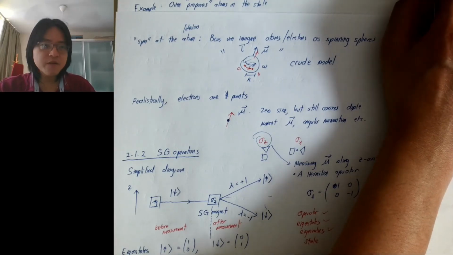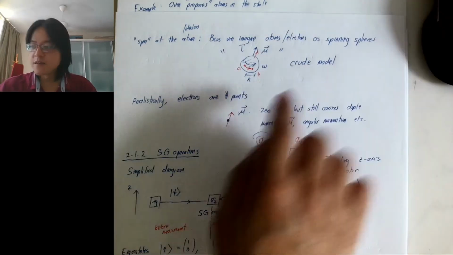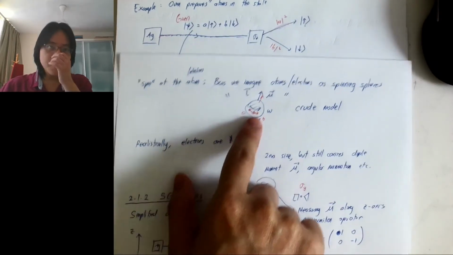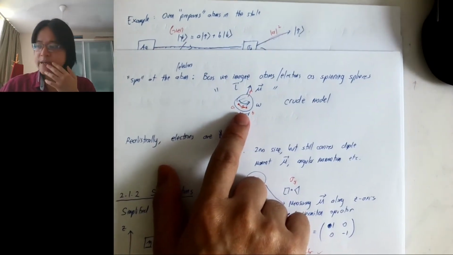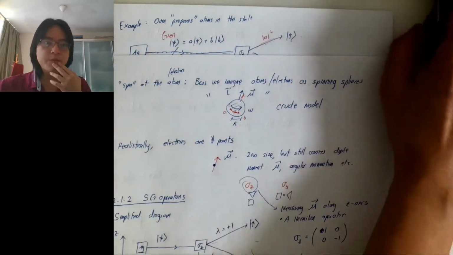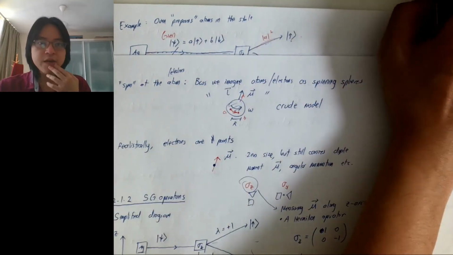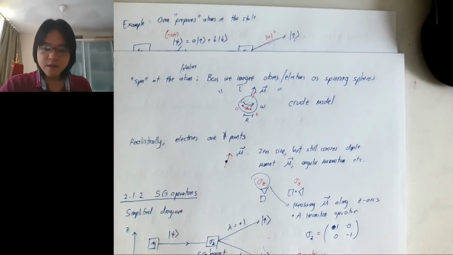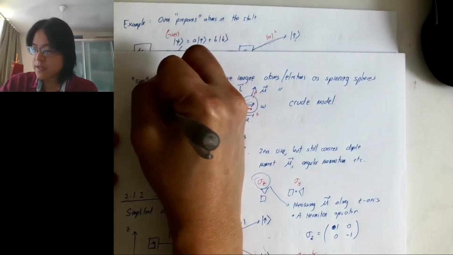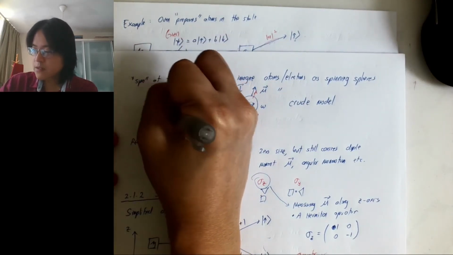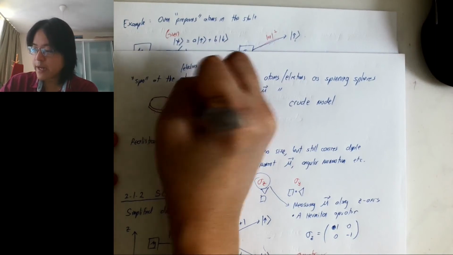Yes, also correct, Kaheng. Spin is, well, because you were in mechanics, right? When we are talking about angular momentum, the common thing that we did last time was, let's say, a rotating disk rotating at omega.